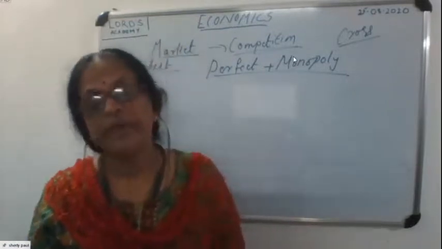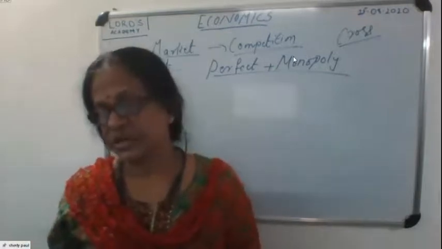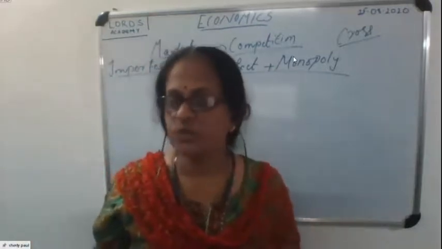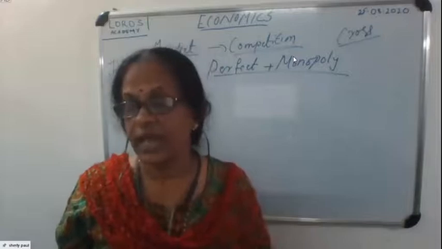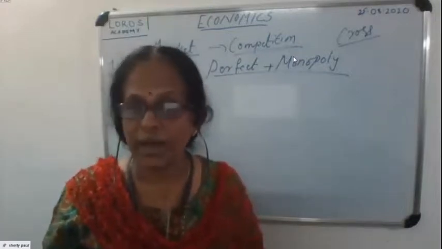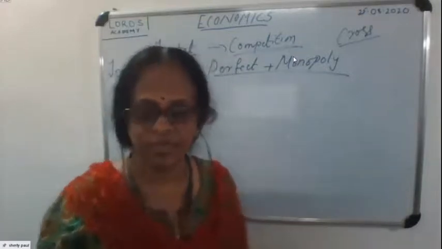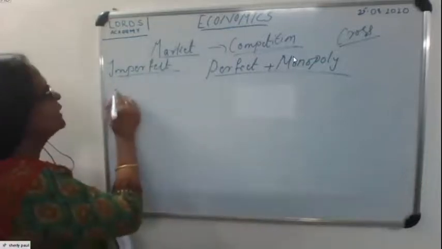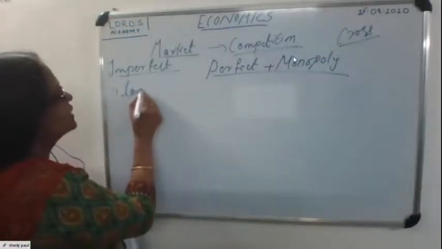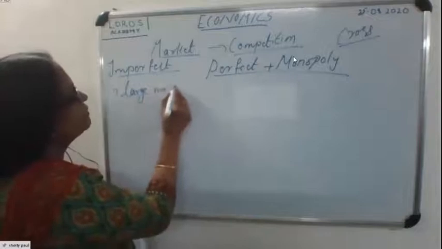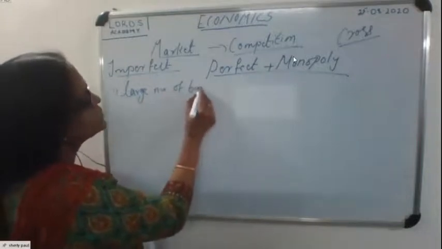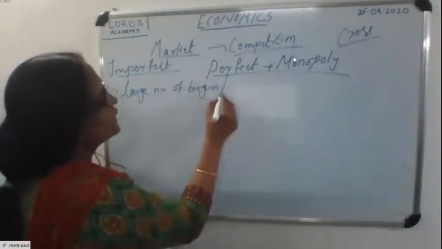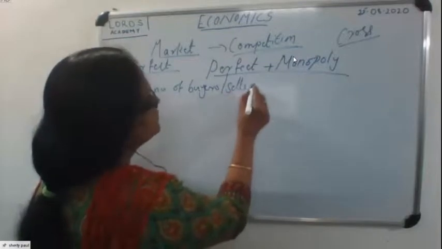Clear? Then here, what are the features we study? Here also, they are using the first characteristic, large number of buyers and sellers. You will think it is the same point only. Here also, large number of buyers and sellers.